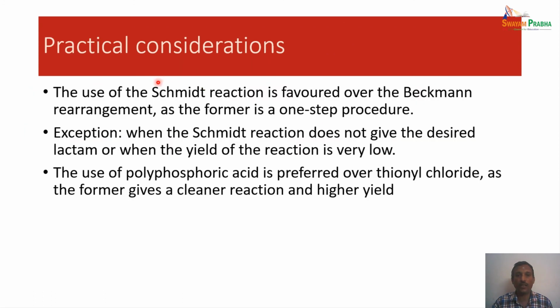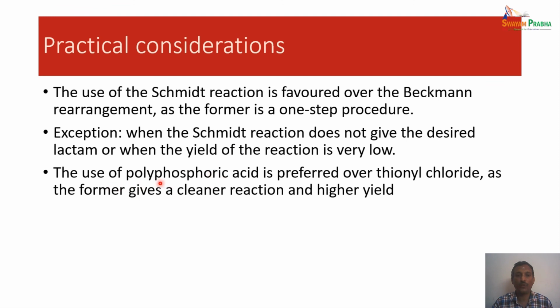And when we look at practical considerations, sometimes the Schmidt reaction is favored over Beckmann rearrangement because it is one step less. That depends on how much of the yield we are actually getting. But when the Schmidt reaction does not give the desired product, or when the yield of the reaction is low, people prefer the Beckmann rearrangement. So it is the end product basically that decides what is the optimal condition for that particular reaction.